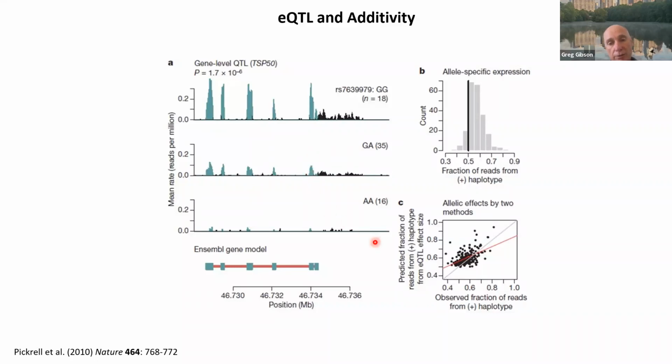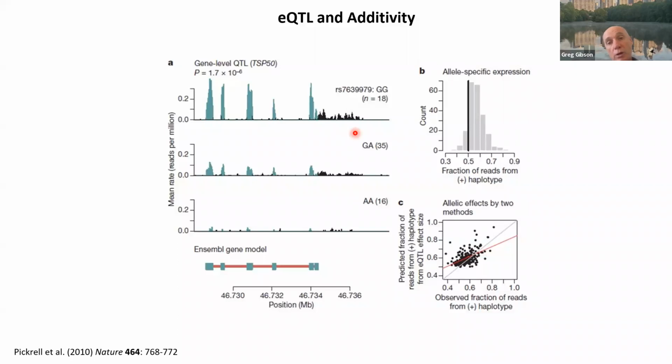And if you do this across many loci, there's a strong, highly significant correlation between the ratio of G to A and the magnitude of the difference between the two homozygote classes in the total population. So in other words, allele-specific expression matches the eQTL effects that you observe in total read abundance.